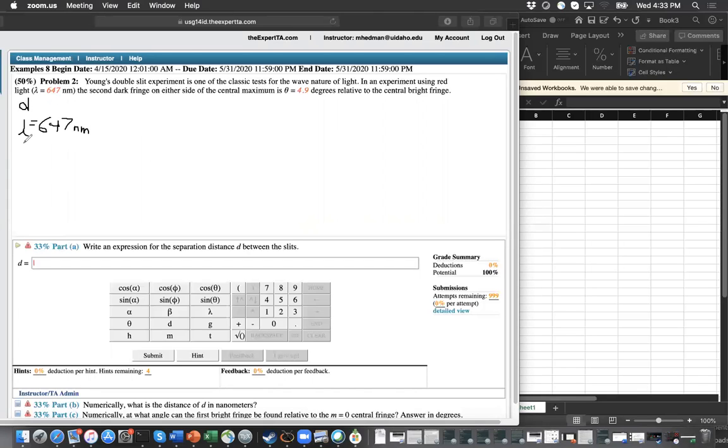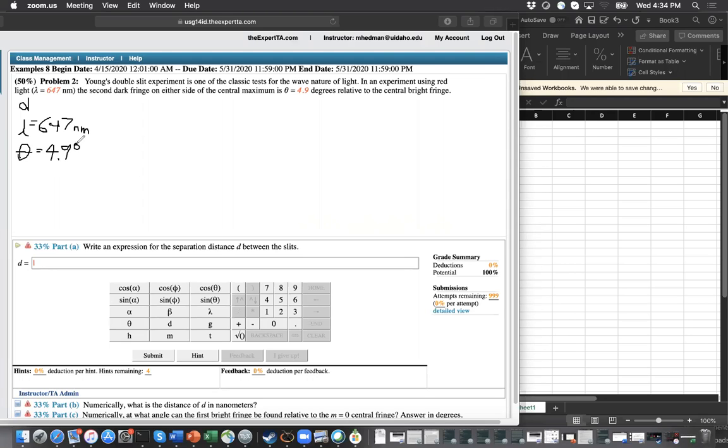And we know the angle theta is 4.9 degrees. So those are just numbers that we know.